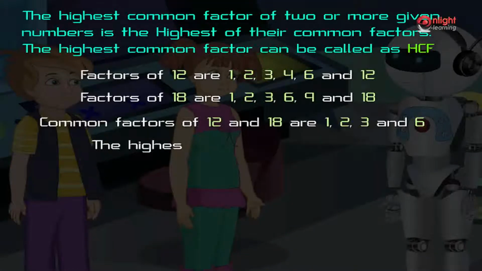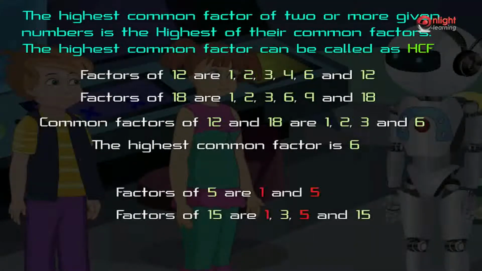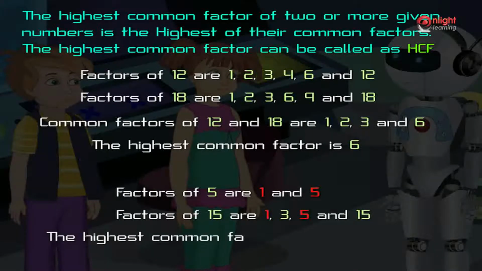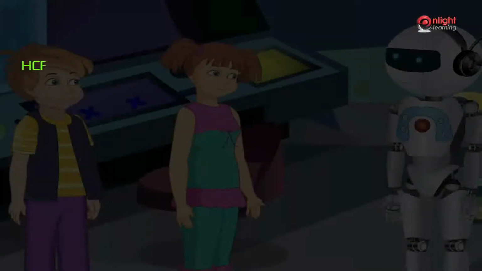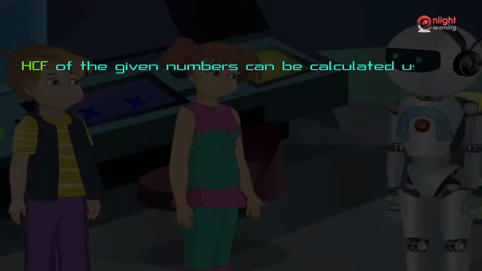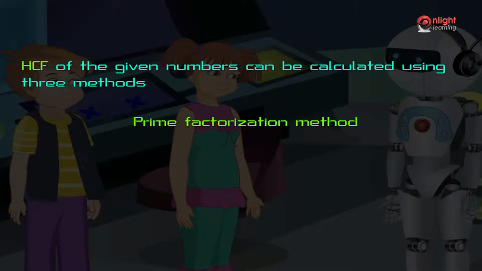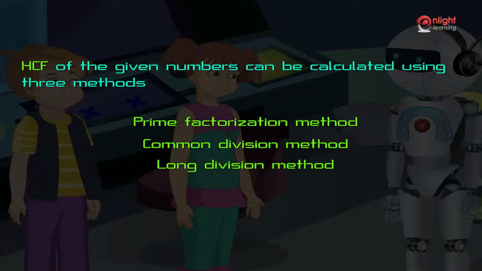And the highest common factor is 6. Similarly, the highest common factor of 5 and 15 is 5. HCF of the given numbers can be calculated using three methods: prime factorization method, common division method, and long division method. Let us learn each method one by one with examples.